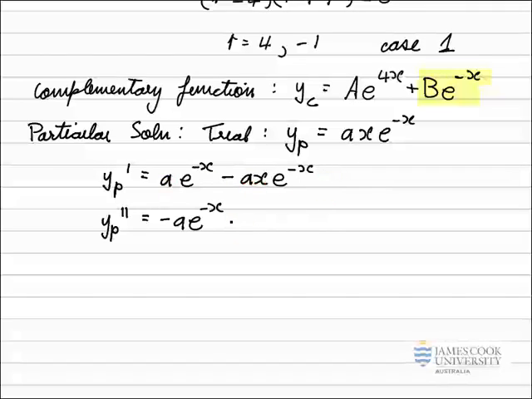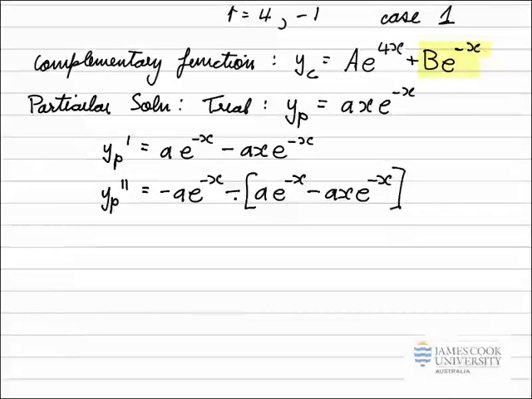I could think of just doing the product rule again, so minus outside of the derivative of ax e to the negative x, again, is a times e to the negative x minus ax e to the negative x.